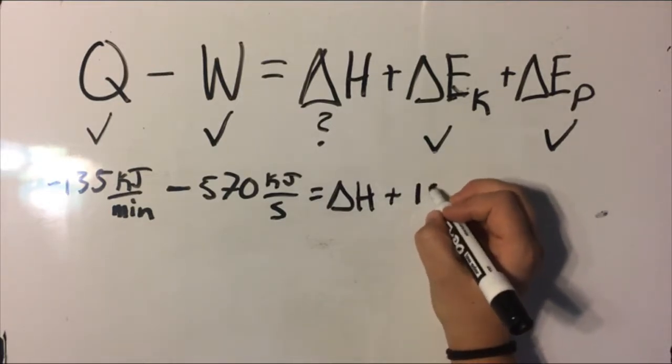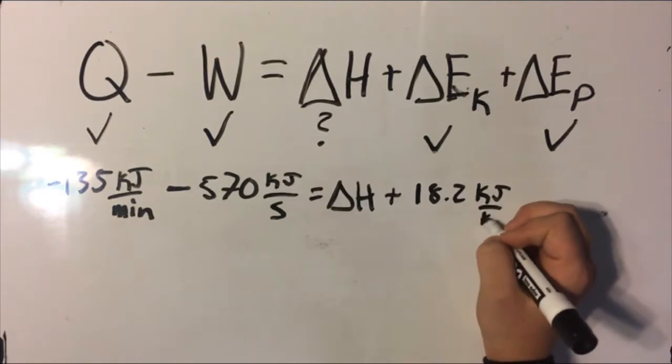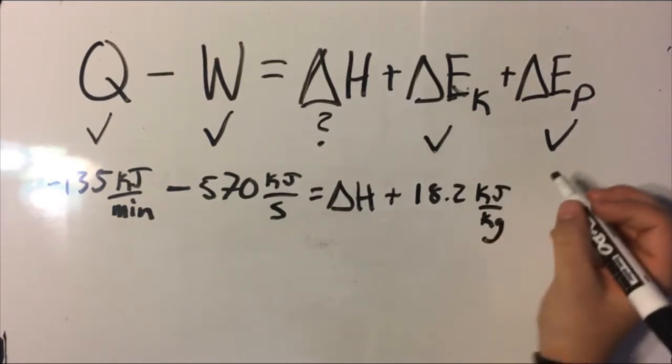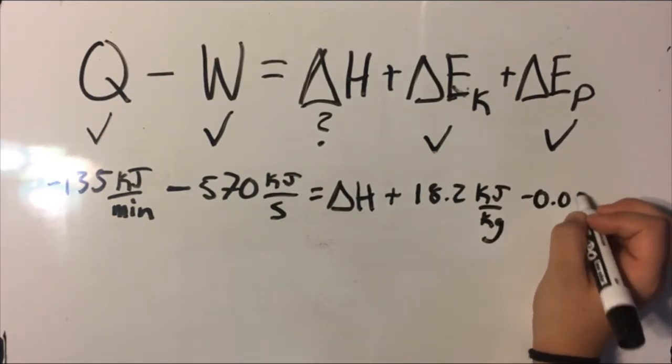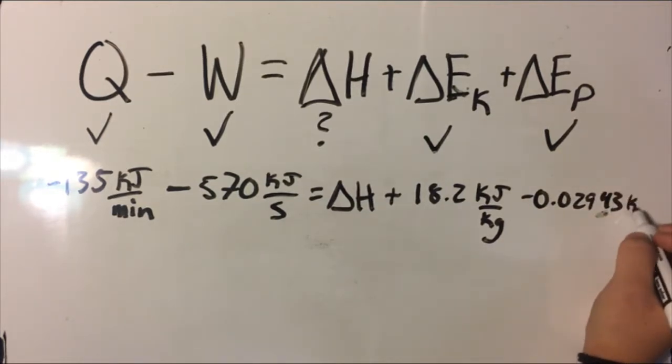So 18.2 kilojoules per kilogram and 0.02943 kilojoules per kilogram.